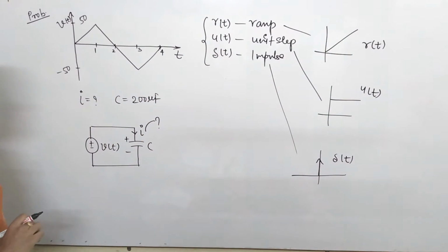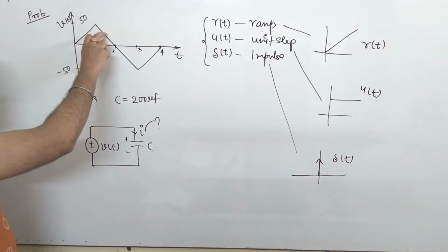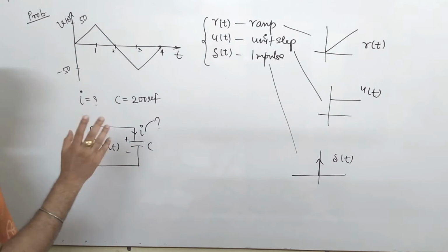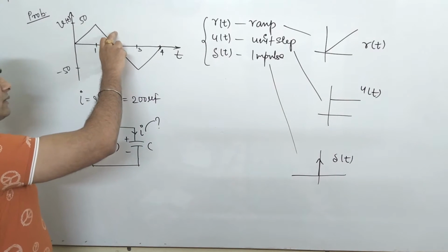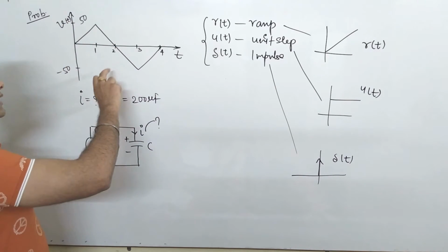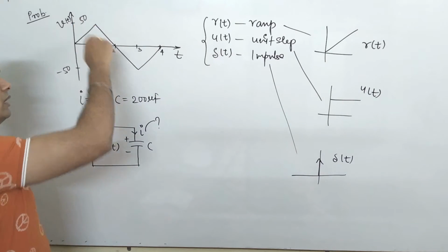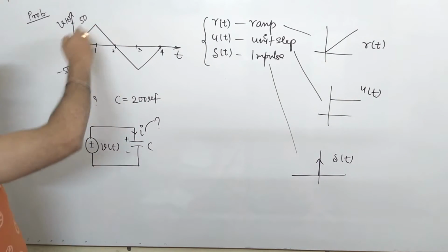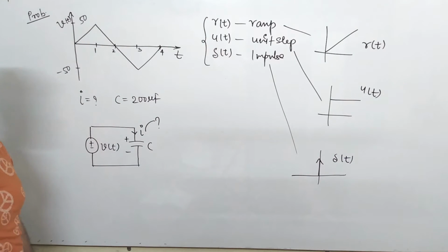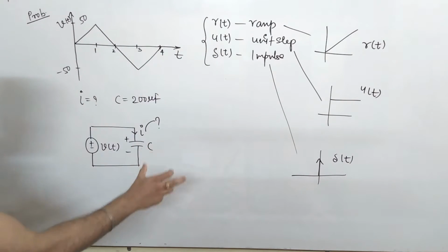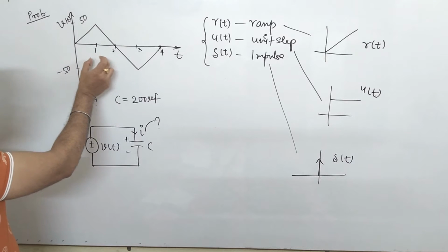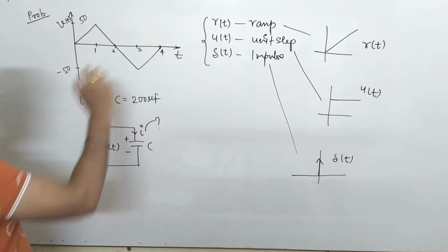As I told you earlier, you can write this voltage in the form of ramp signals, or you can write it by using mathematical analysis, finding the value between 0 to 1, then 1 to 3, then 3 to 4.